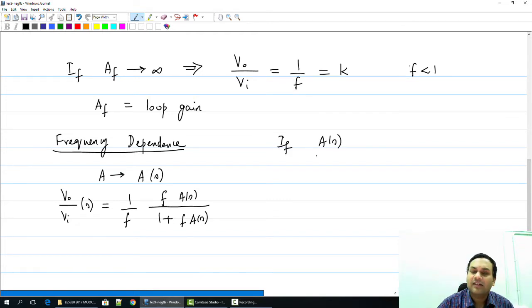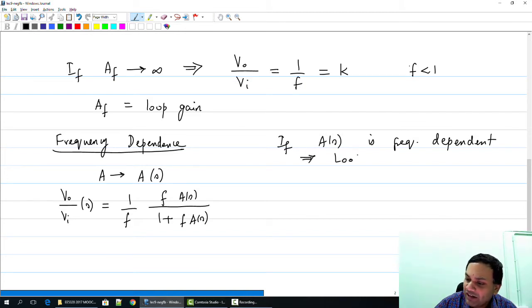And now you can see that if A of S starts reducing with frequency, then the loop gain is frequency dependent. You can see that the loop gain will start reducing with frequency, and as we know, negative feedback operates only when the loop gain is extremely large.